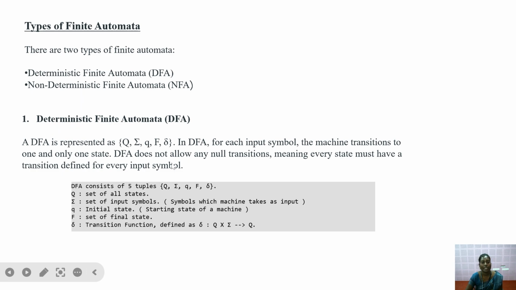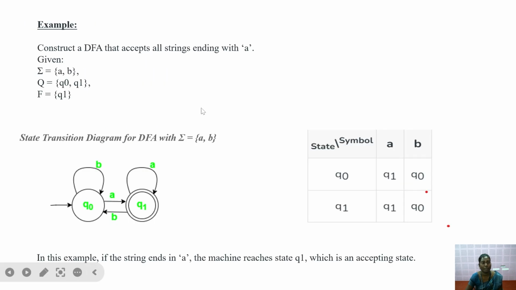Deterministic finite automata does not allow null transition, whereas non-deterministic finite automata allows null transition. Here capital Q is the set of all states, epsilon is the input symbols, small q is the initial state, that is the starting state, capital F is the final state, and the delta symbol is the transition function, Q multiplied by the set of input symbols, which gives capital Q. Next slide we will see that in brief.